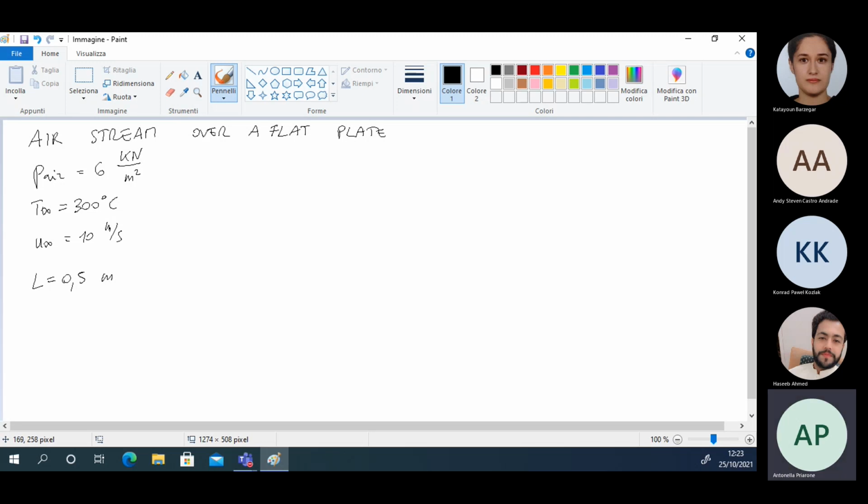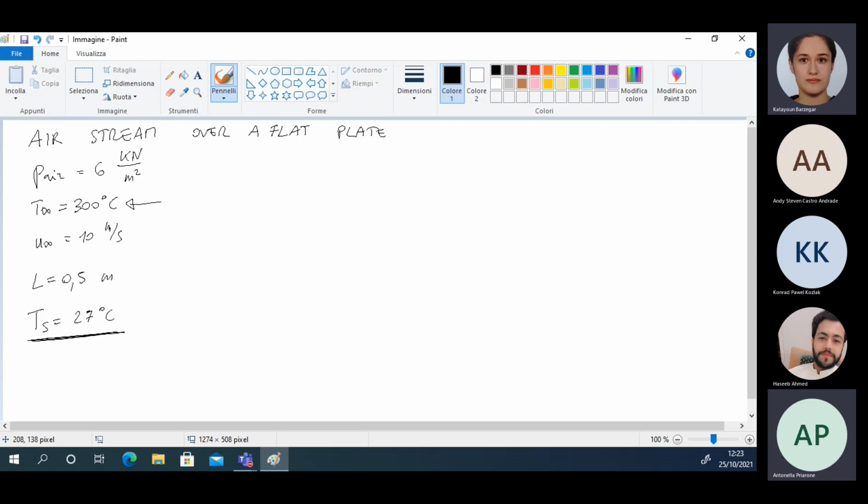We have to estimate the overall heat transfer rate that we have to remove from the plate if we want to keep the plate at Ts equal to 27 Celsius.